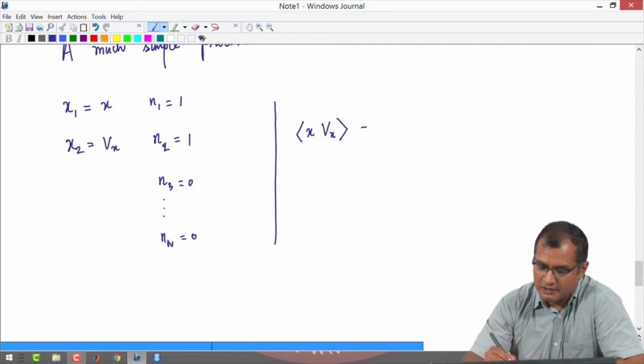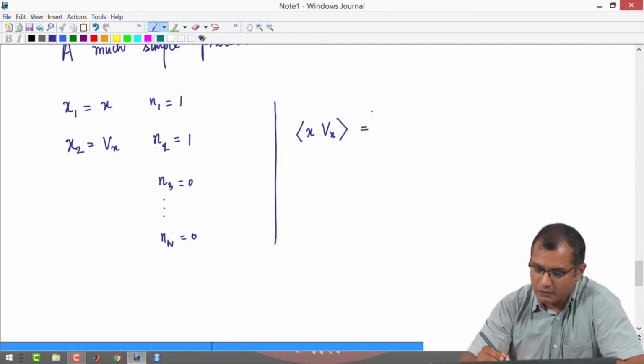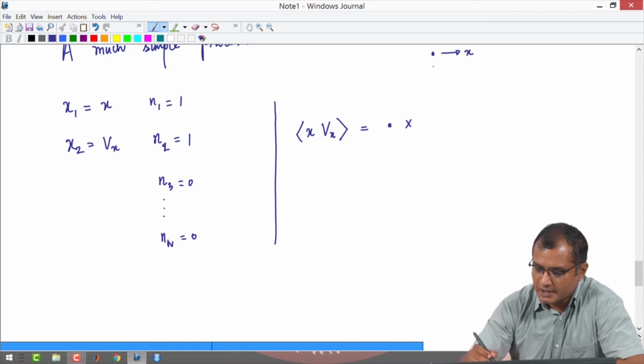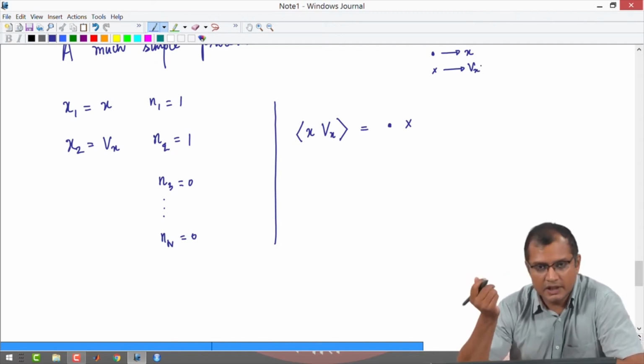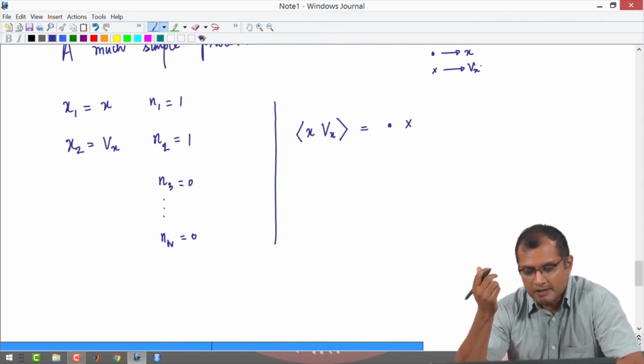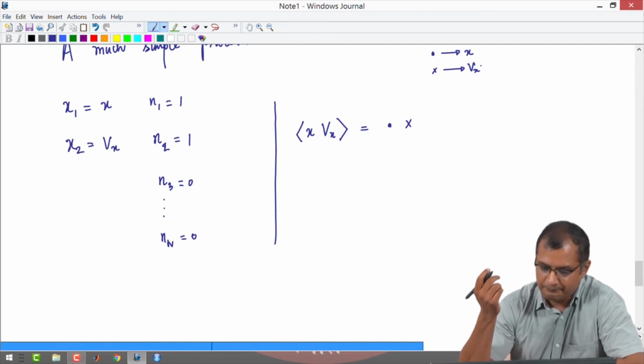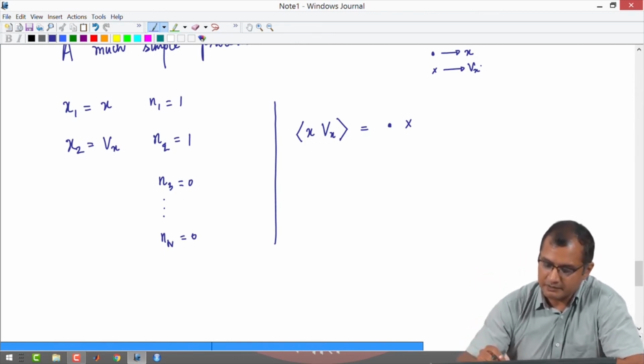Now these are two variables, so I am going to use different symbols. I am going to use a dot and a cross. The dot is for positions, and a cross represents velocity, like we did for the single random variable moments. Now I can write this in two ways.